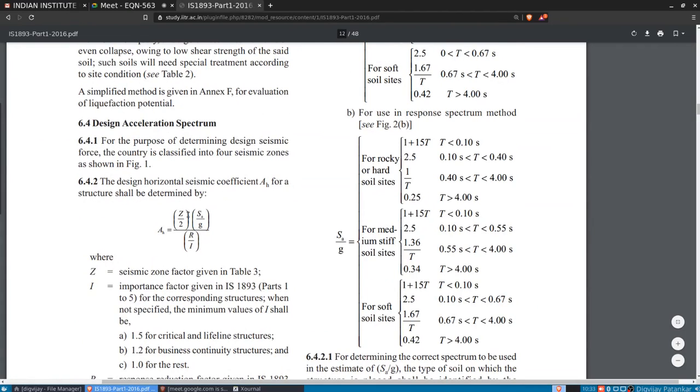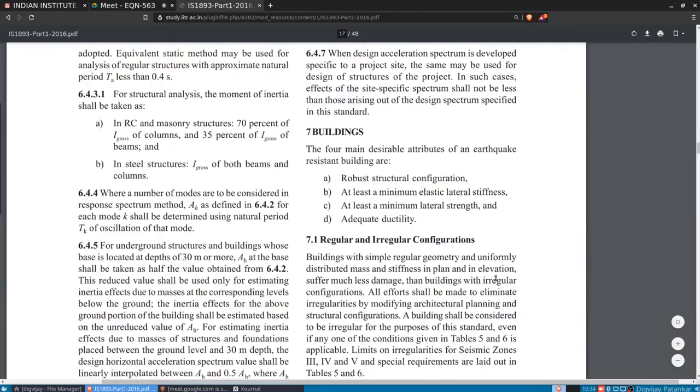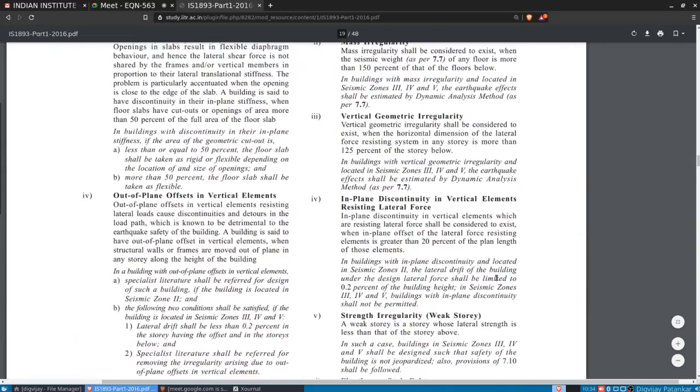So in this equation, Z is the seismic zone factor, for that you have a table, R you have a table, I you have a table. So from that you can find out Sa by g, which is given by these expressions, and depending upon the type of soil you have to choose the appropriate expression here, and it depends on time period T. So if you are using the equivalent static method, then the time period calculation is very simple, and that is given here.